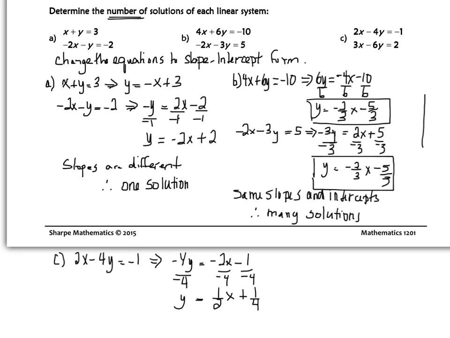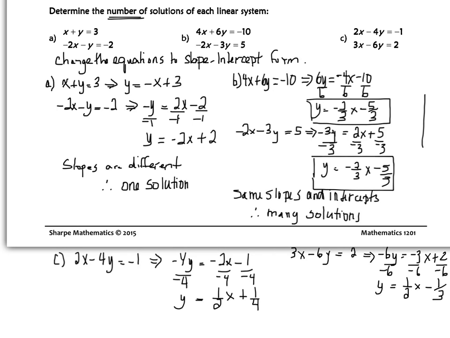So this would be 3x minus 6y equals 2. So then if I rewrote that, I would get negative 6y equals negative 3x plus 2. Then divide out the negative 6. And then that would give me y equals negative 3 over negative 6 reduces to 1/2, positive 1/2 x, minus 1/3.